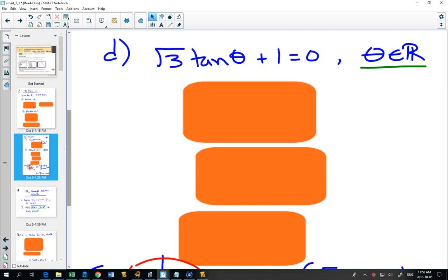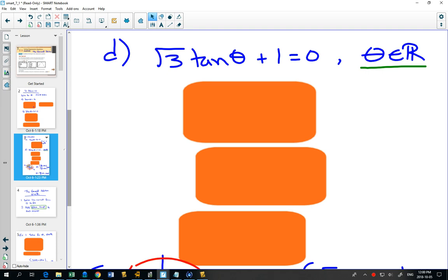What that means, what I've underlined in green, is you have to solve every single angle forever. That's not intriguing. So this one will have an infinite amount of answers. Start writing them down and quit when you're done.